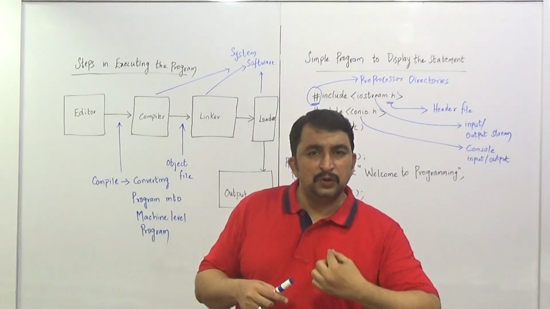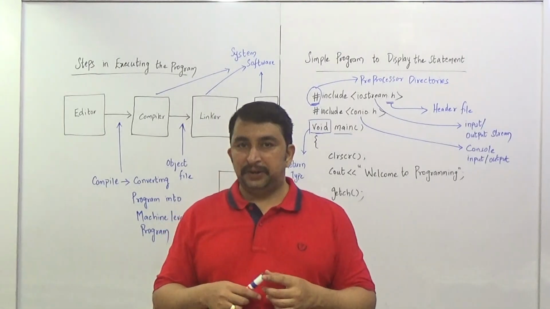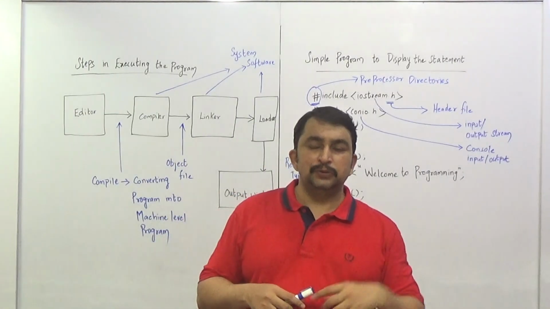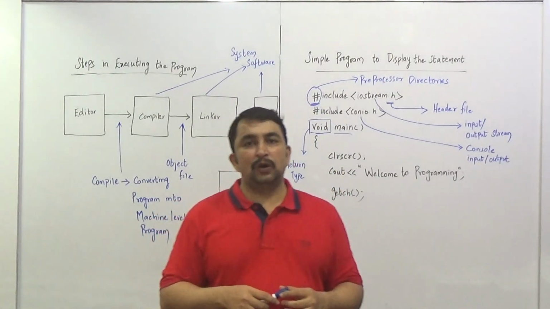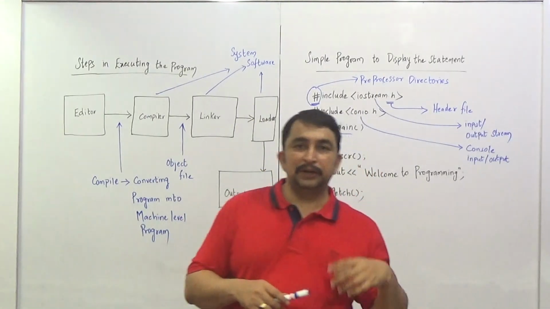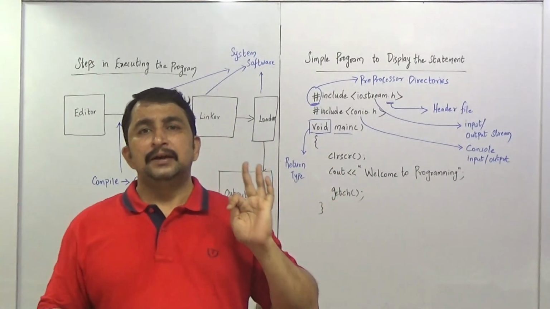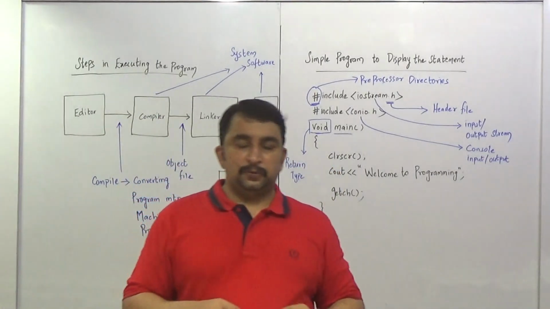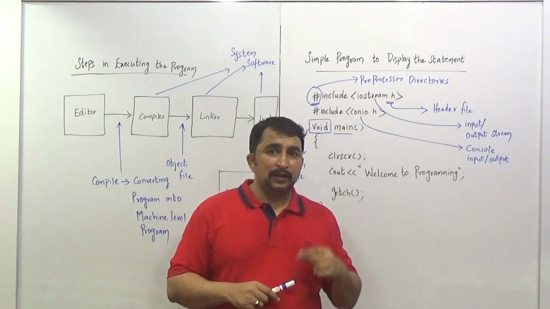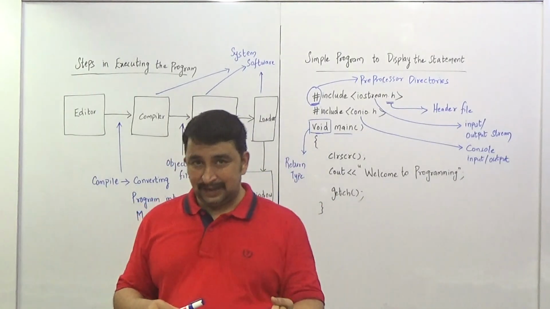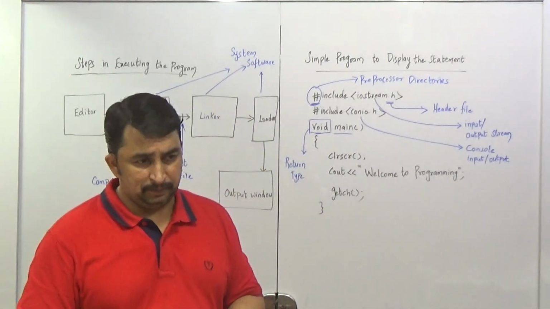The type of value I am getting matters a lot. It may be an integer value, a character value, or a decimal number. These are the only three types of values we use in the program: the whole number, the character, and the decimal number.